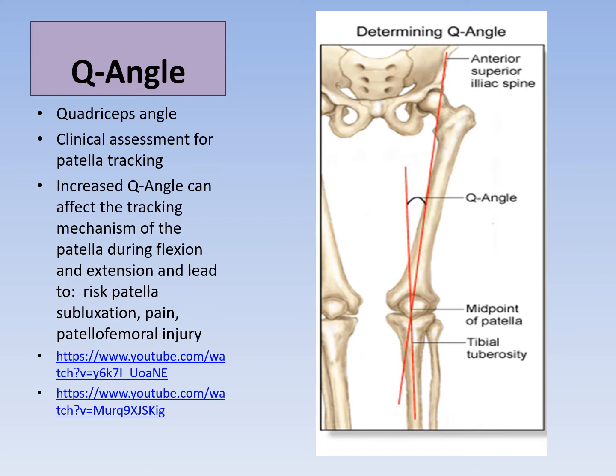So how we will measure, and we will practice this in lab, is you will look at the angle of the quadriceps muscle from the ASIS to the center of the patella, and then looking at the patellar tendon from the center of the patella to the tibial tuberosity, and then we'll look at that angle, that those two lines when they intersect. Normal Q angles for male is 14 degrees, and for females is 17 degrees.